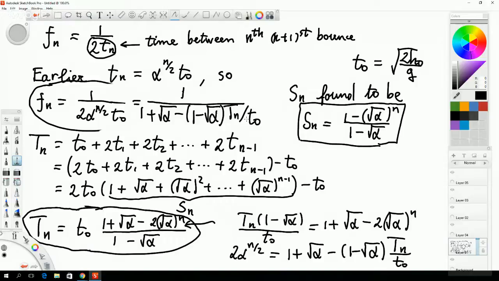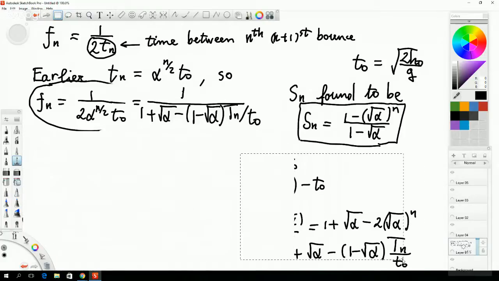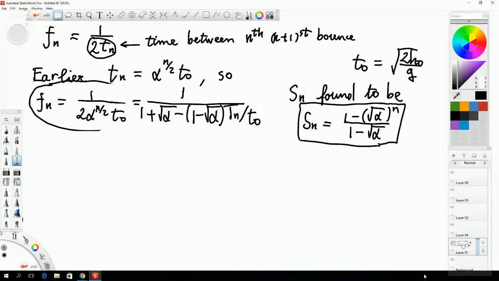Let me just erase the rest so that it's not too much stuff.